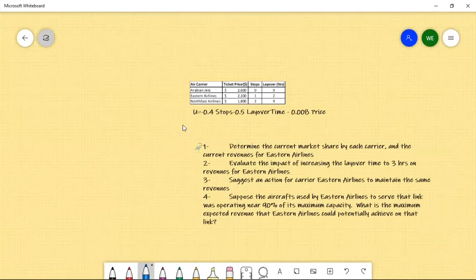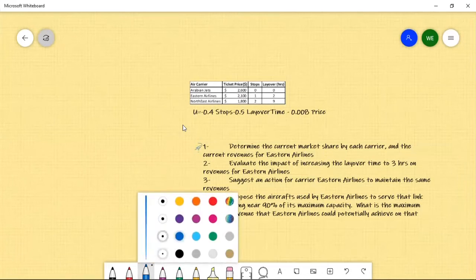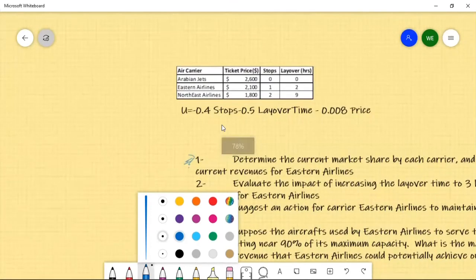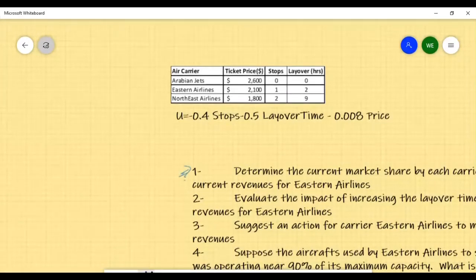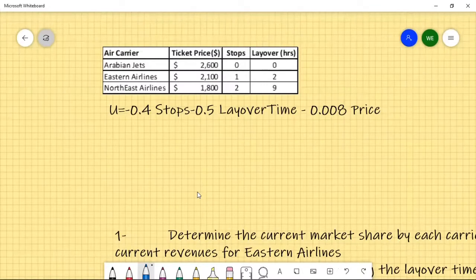Determine the current market share by each carrier. In order to do that, we need to calculate the utility function for each carrier. So let's calculate the utility function for the first company, UA.